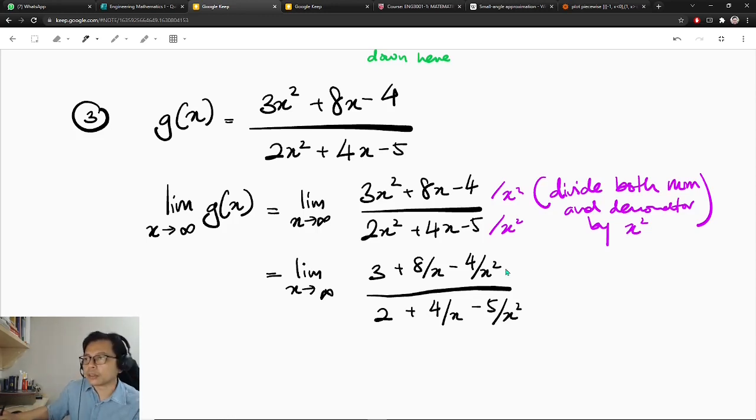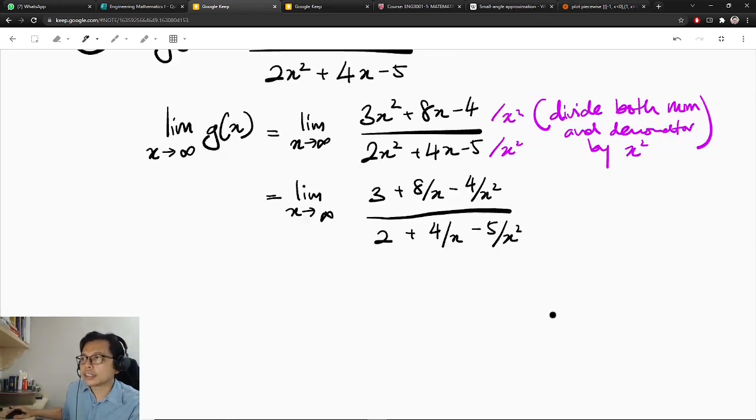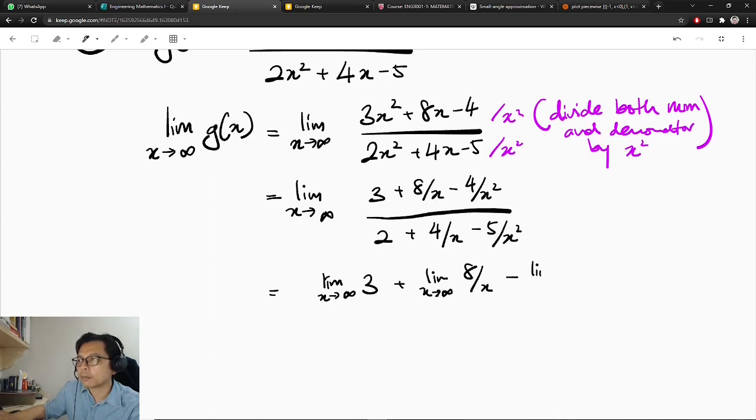Okay, now here's a trick that I can do. I'm applying the limit to each term. I'm applying the limit to this one here, 8 over x, minus I'm applying the limit here also, 4 over x squared. And I'm doing the same down there.